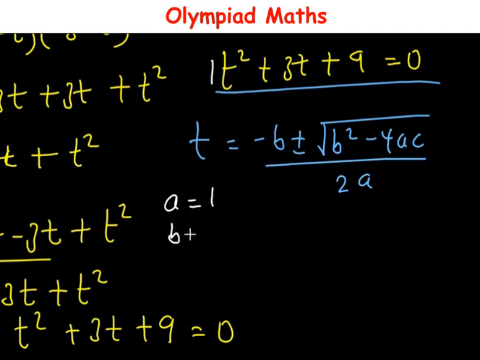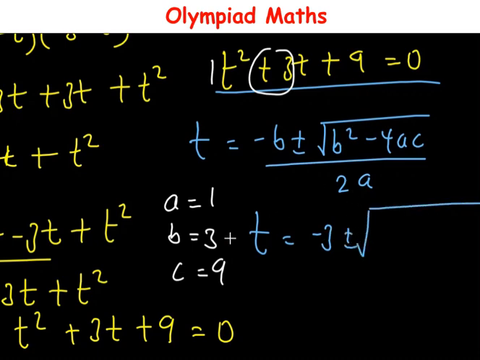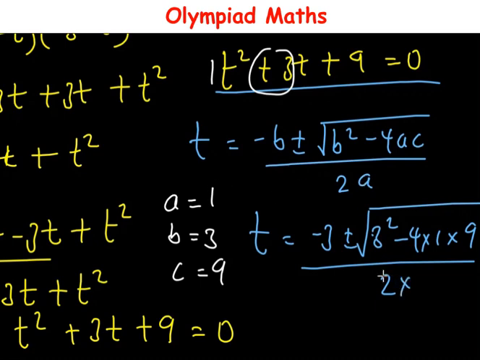The value of b is the coefficient of t, which is plus 3, while the value of c is the constant, which is plus 9. So then the value of t is equal to minus b, which is 3, plus or minus square root b squared, that will become 3 squared, then minus 4 times a is 1 times c is 9, all over 2 times a is 1.